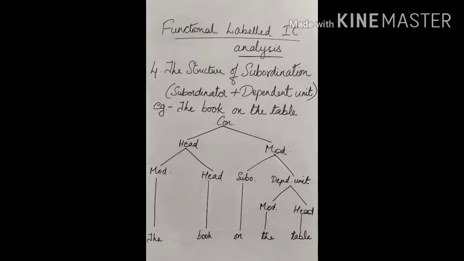Here modifier is the and head is book. Then second part, modifier is divided into subordinator and dependent unit. Here subordinator is on and dependent unit is again divided into modifier and head. Here modifier is the and head is table.